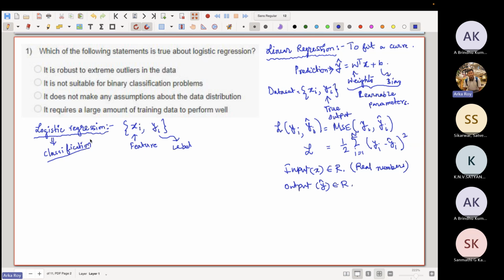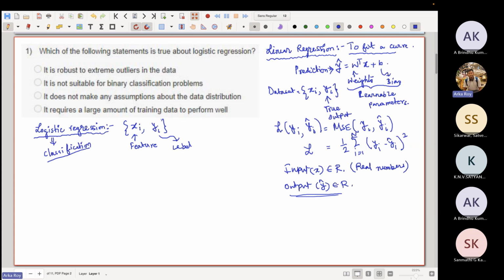So now you can understand logistic regression is basically used for the classification task, not for the regression task, which is basically generation of real numbers. So logistic regression is used for classification, whereas linear regression is used to fit a curve. That means the main target is that the output should be a real number.